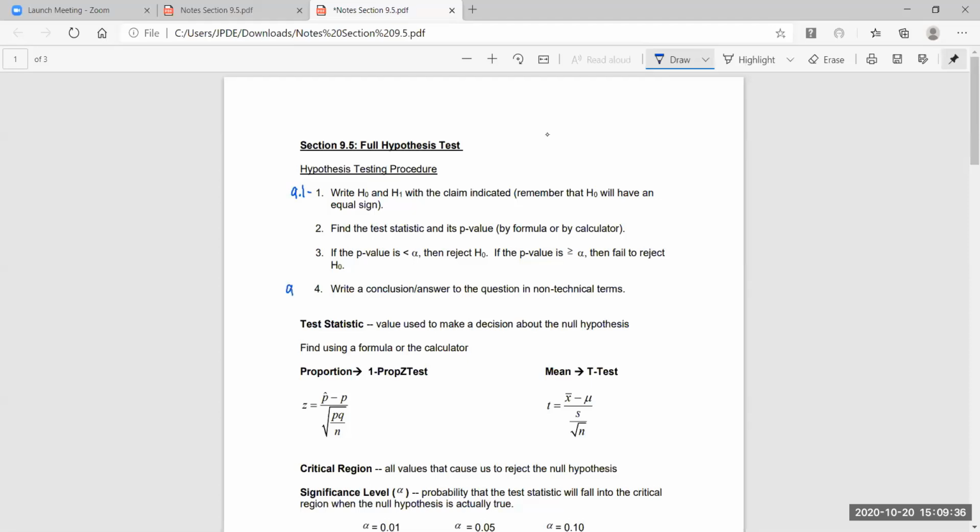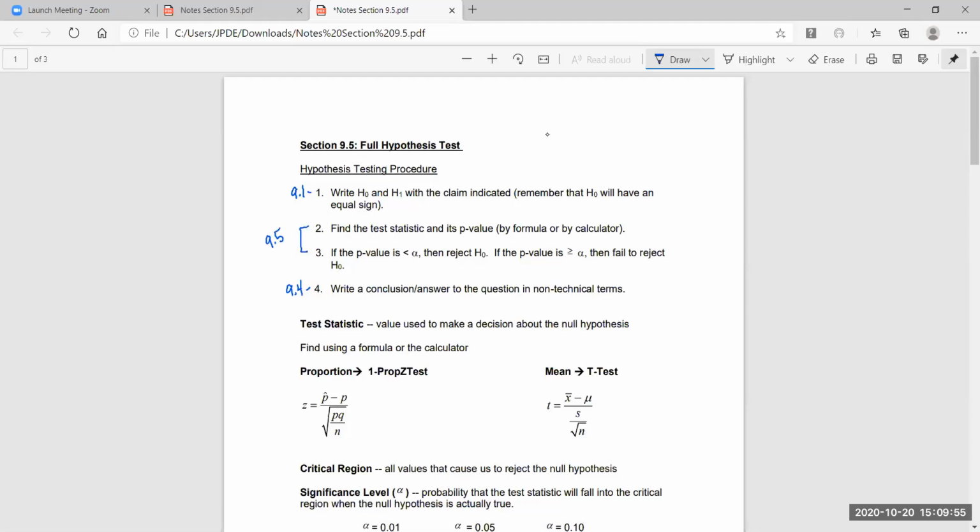In 9.4, we learned how to write the conclusion or the answer to whatever our claim was in non-technical terms.